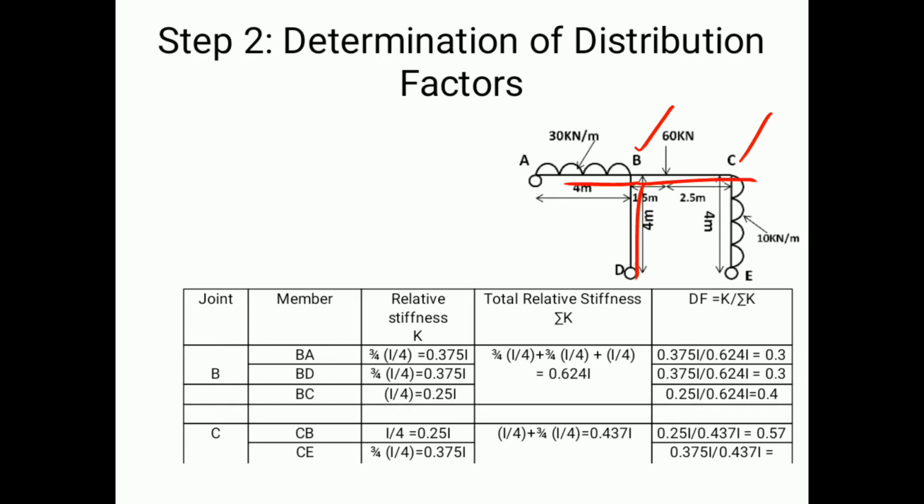Coming to the first member of joint B, that is BA. In the previous lecture series, we have discussed the relative stiffness for different cases.